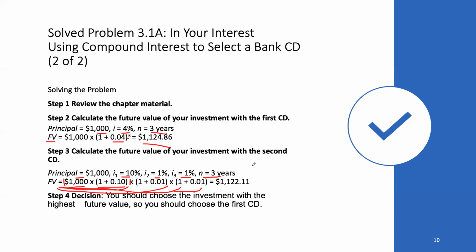You need to think about the maturity period, how long you have to wait, and if there is a different structure in the interest rates at different points in time. So based on this, obviously you choose the one with the higher future value, and in this case you might want to choose the first CD as the option to park your money.